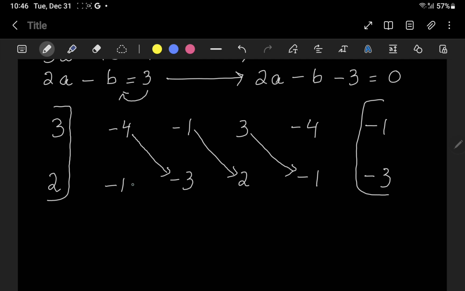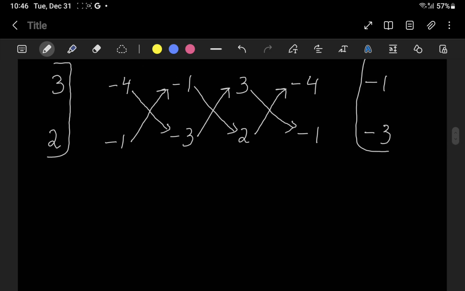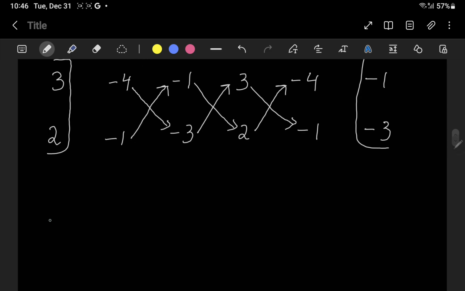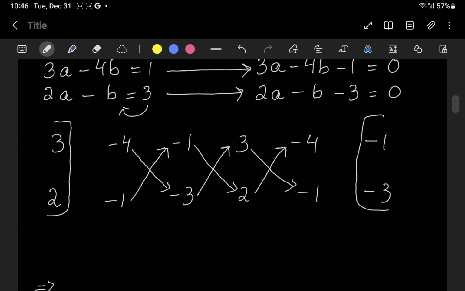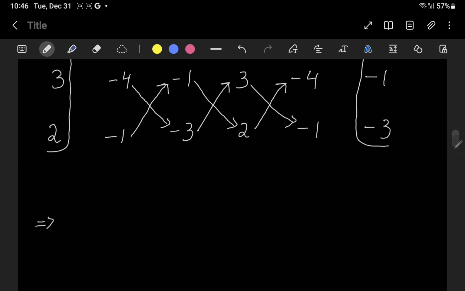Now in the next step we use some variables. It is a rule, we use two coefficients. We can use a and b, but here I use x and y.